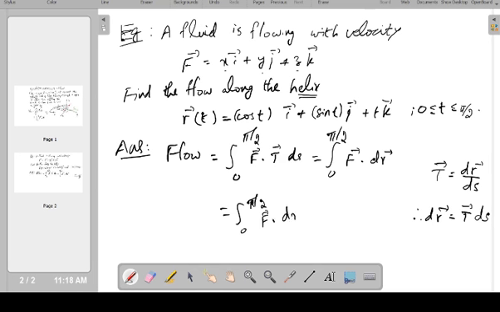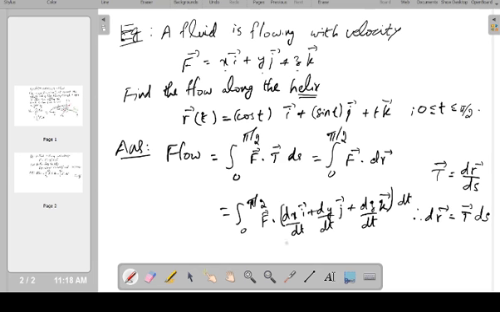dr is dx vector i plus dy vector j plus dz vector k. What I can do is I can divide by dt throughout, then multiply by dt.